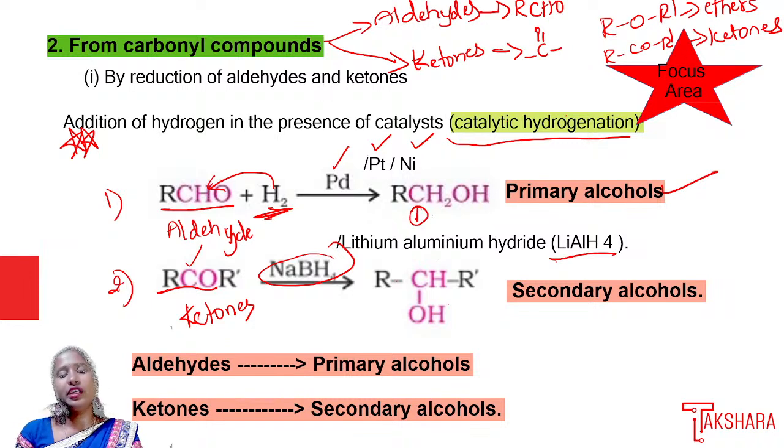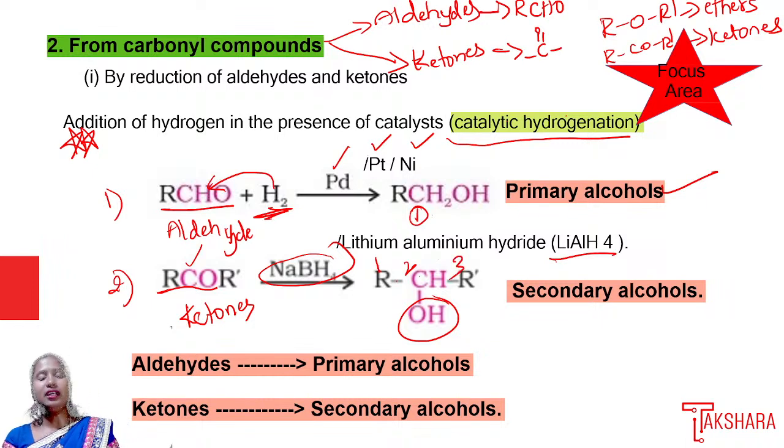Here the OH group is attached to the second carbon, because this is first, the middle one is second, and here is the third. Since the OH group is attached to the second carbon atom, it is a secondary alcohol. So aldehydes give primary alcohols as the product, and ketones give secondary alcohols as the product.